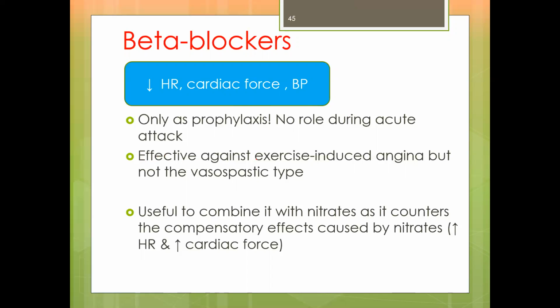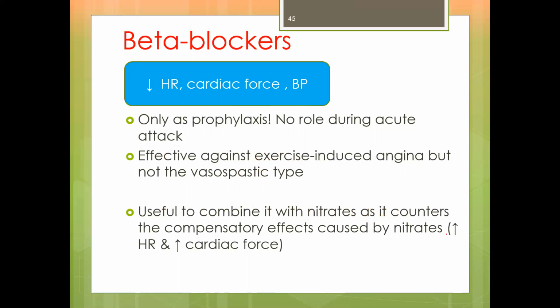It is effective against exercise-induced angina, but not the vasospastic type. Beta blockers are useful to combine with nitrates, as they counter the compensatory effects caused by nitrates.